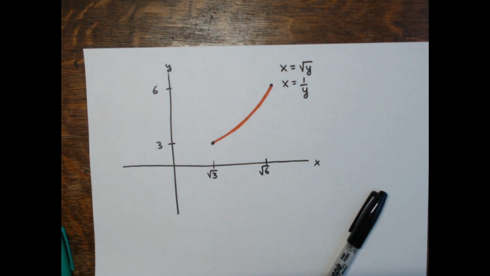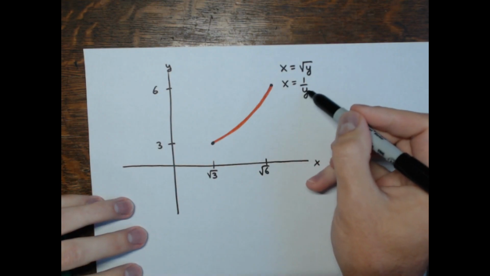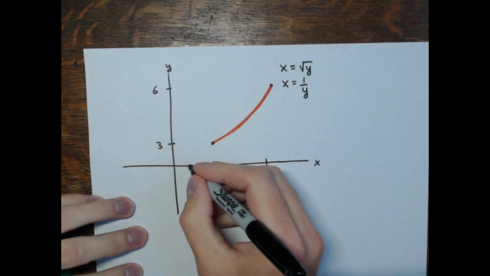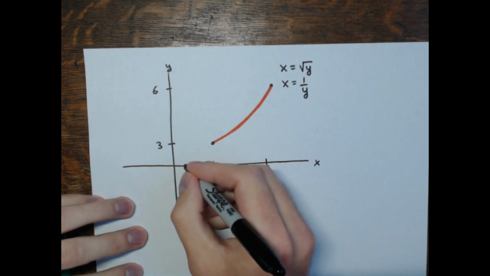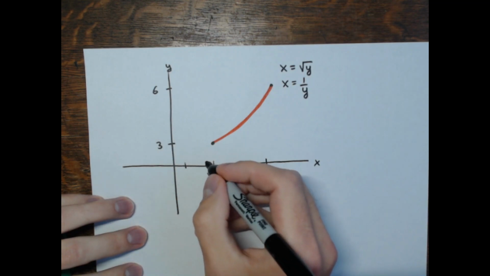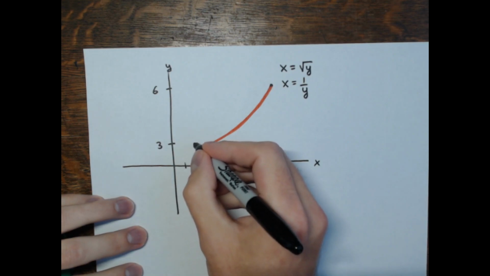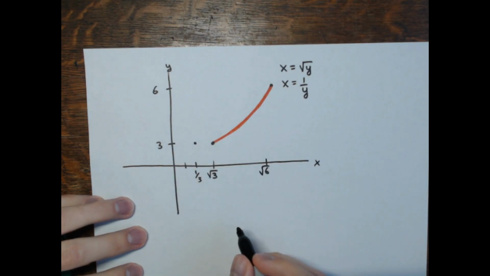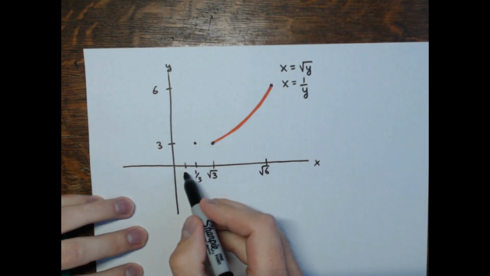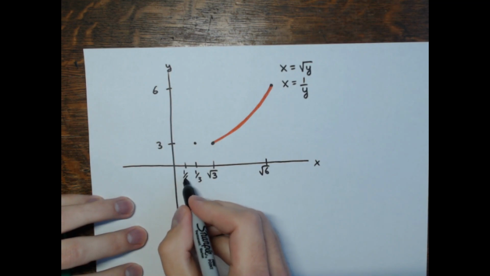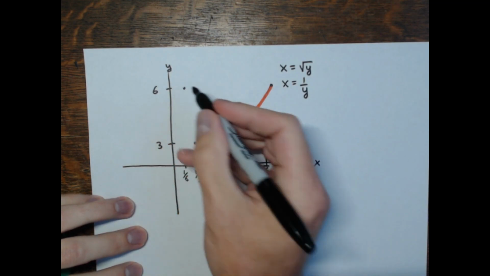All right. Then when I do x equals 1 over y, when y equals 3, x is a third. Square root of 3 is about 1.7. So let's put a third here. So you got that point, 1/3 comma 3 on this. And then when y equals 6, x is even smaller, 1/6.